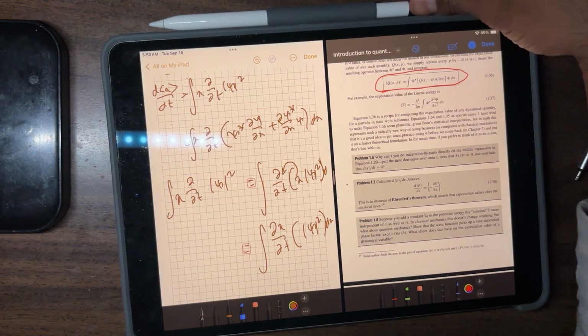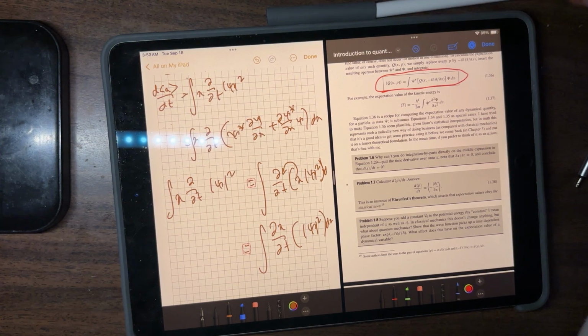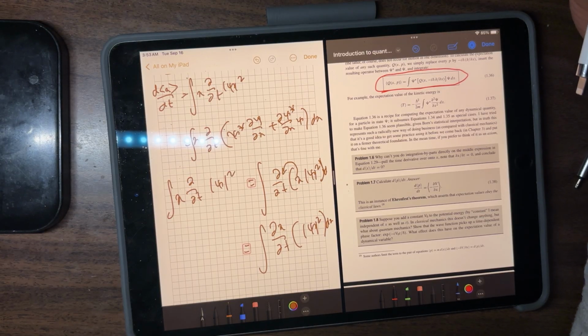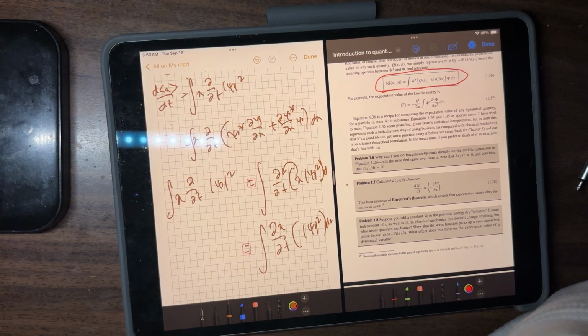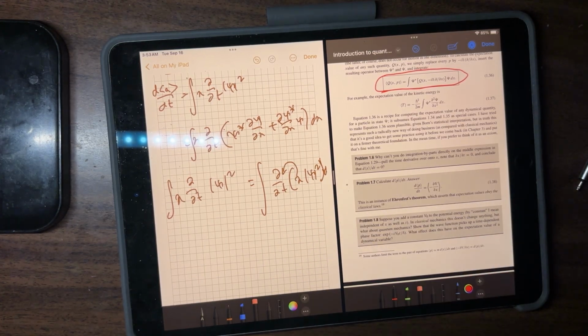Because I kind of understood, because curl x by curl t means you're derivating what? No, it doesn't make sense, honestly. Psi square is what? Wait, I'm confused. No, I understood.